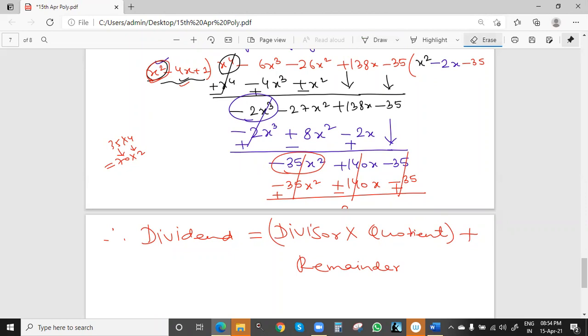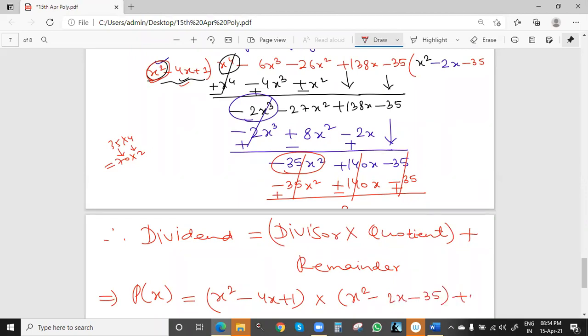So now we here can get the 7 and minus 5. So px will be, we no need to write px fully. Just we'll write divisor, that is x square minus 4x plus 1, into quotient value x square minus 2x minus 35. Remainder will be 0.